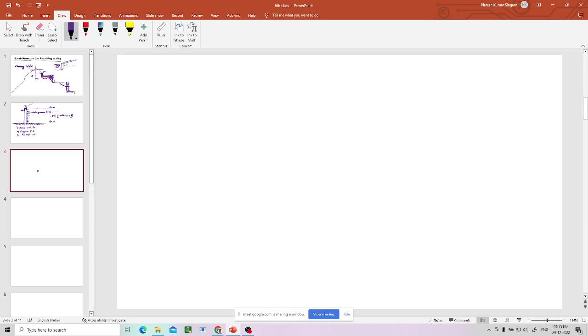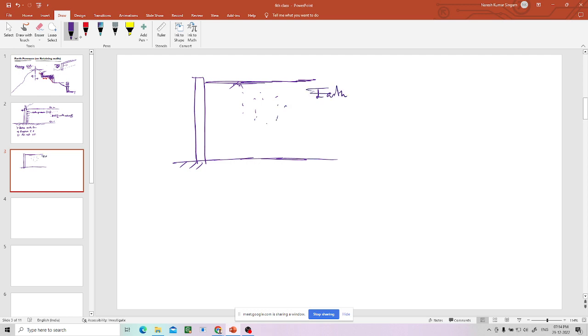Now, the general situation, as I explained: there is some earth material here. Earth material will exert this kind of pressure.